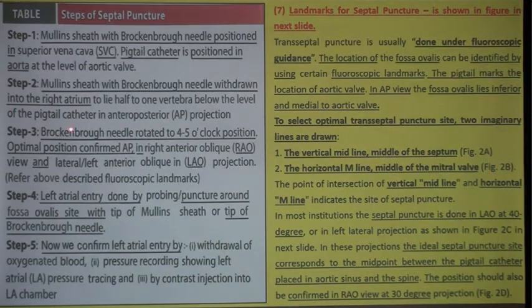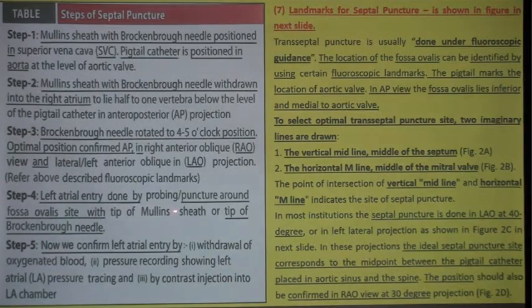Step 3, Brockenbrough needle rotated to the 4 to 5 o'clock position and optimum position confirmed anteroposteriorly in right anterior oblique view and left anterior oblique view. Step 4, left atrial entry is done by puncture around the fossa ovalis site with the tip of the Brockenbrough needle.